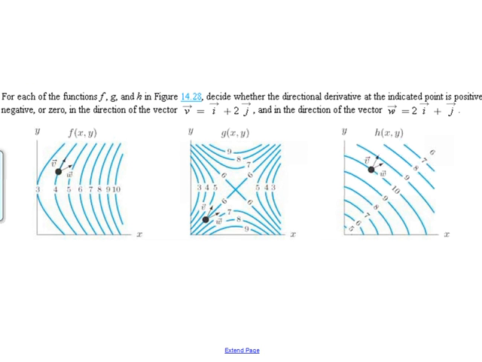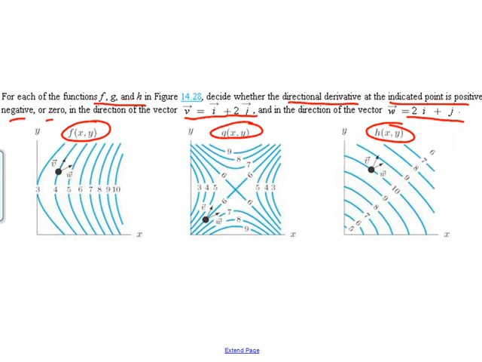Okay, let's look at a couple examples. It says for each of the functions f, g, and h, decide whether the directional derivative at the indicated points is positive, negative, or 0 in the direction of i plus 2j and 2i plus j.